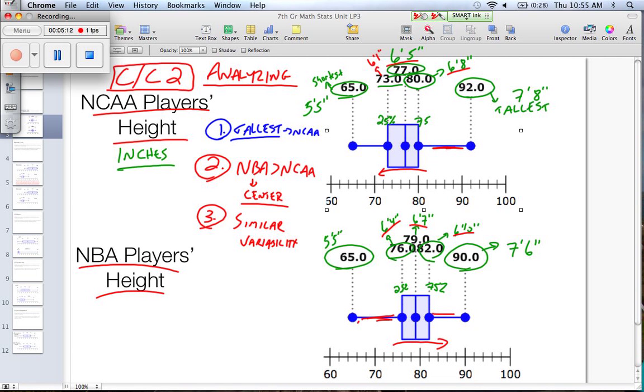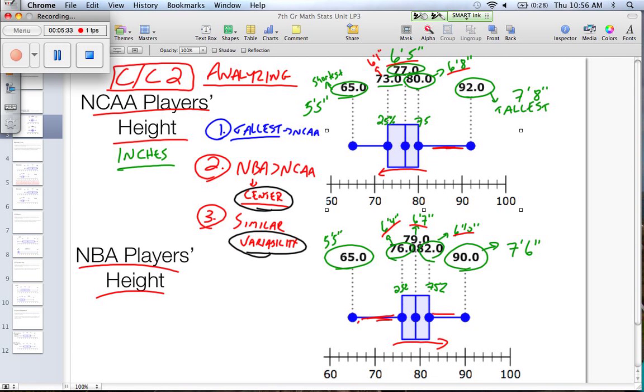But on average, I would say the variability is roughly the same between each. Now, if I had someone in the NBA who was only 52 inches, I would say the NBA has much greater variability. Okay. When we compare distributions, the two things that we focus on are their centers and their variability.